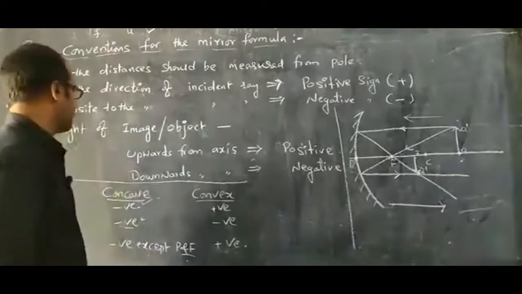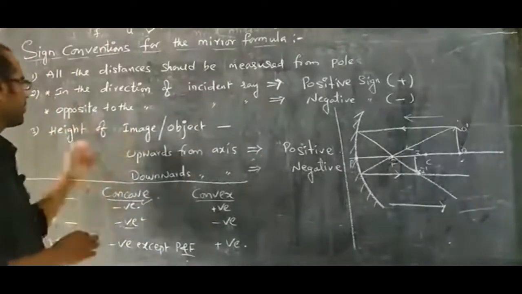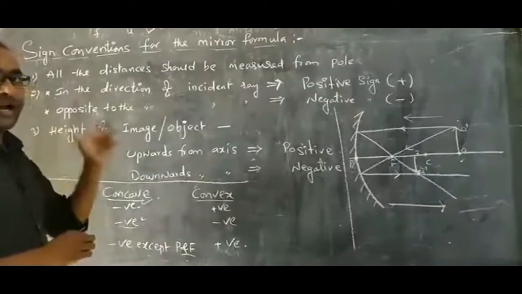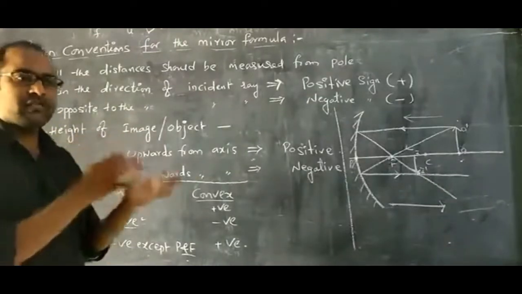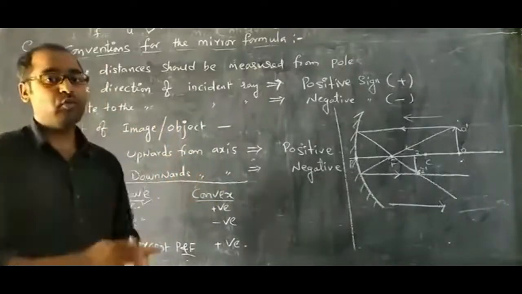Is it clear? And next, height of the image or object. Next sign convention, height of the image or height of the object. Which type of sign do we have to take?